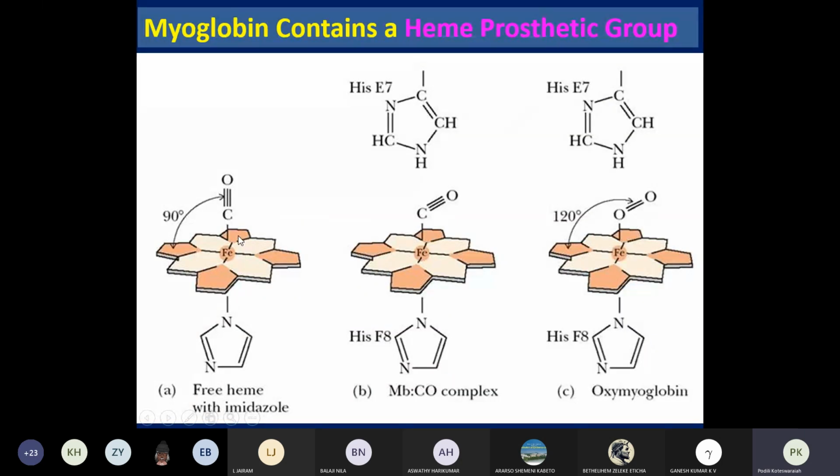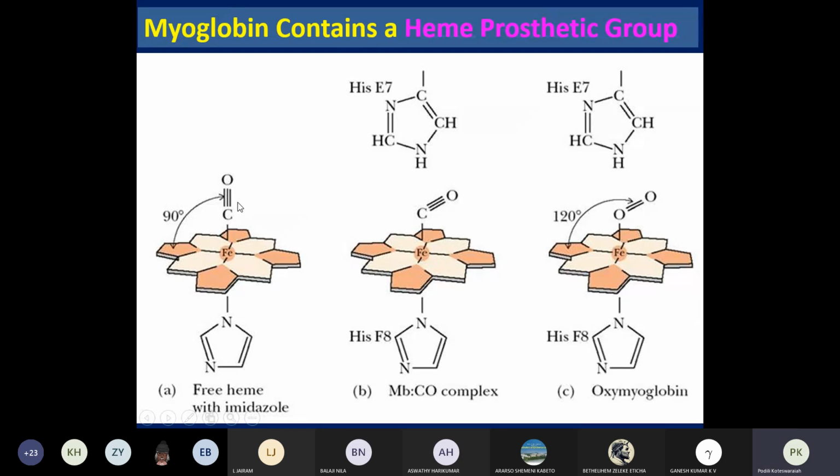But the isolated heme has a many-fold higher affinity towards carbon monoxide, that is, in the absence of the protein part. When the heme is present in the globin part, the distal histidine residue hinders the carbon monoxide from binding perpendicularly.